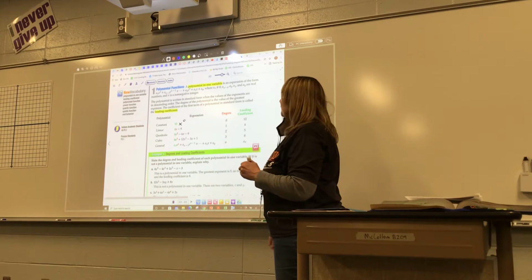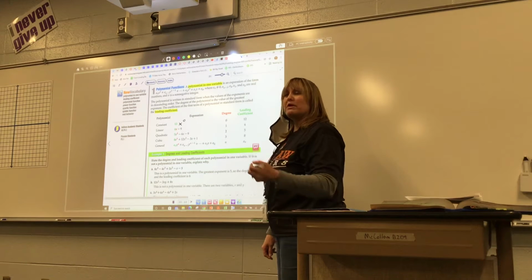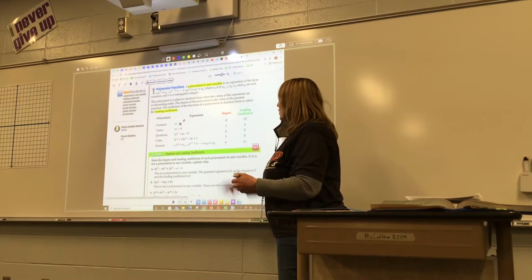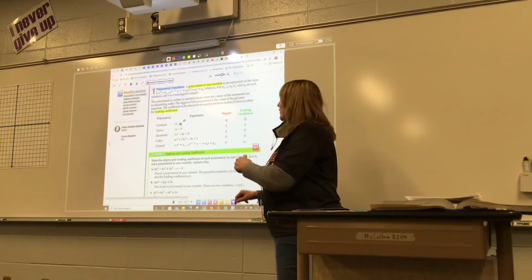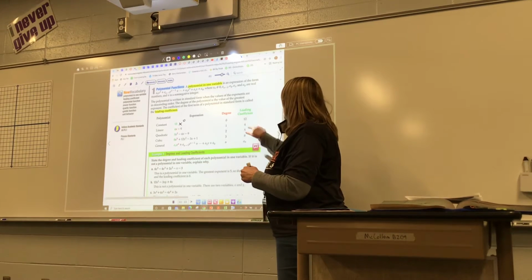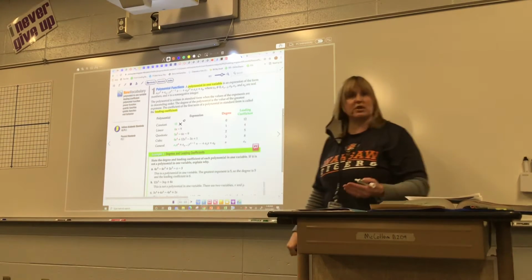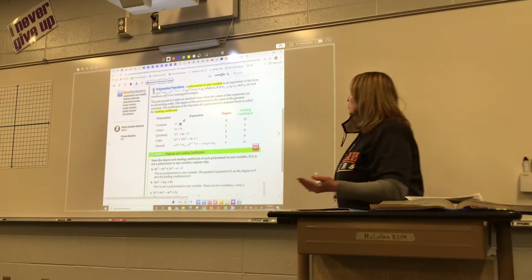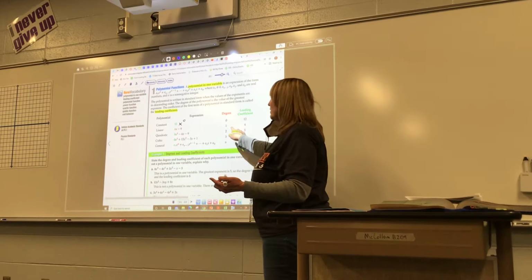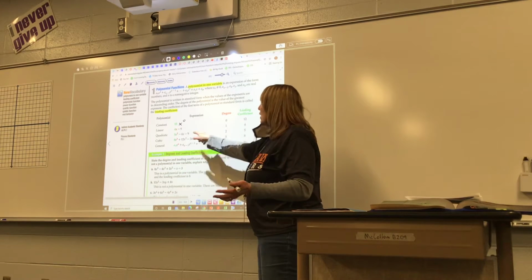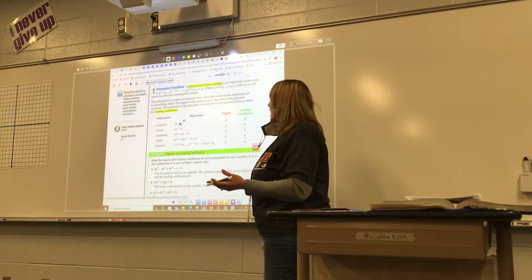In a linear function, the degree of the exponent is 1. So we see 4x to the first minus 9. Notice the leading coefficient is 4. That's the coefficient of that highest degree term, which is a degree of 1. You also are familiar with quadratics.